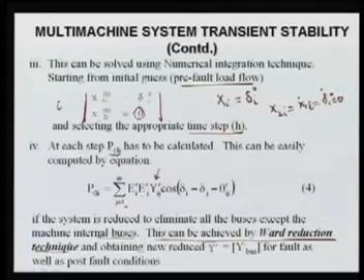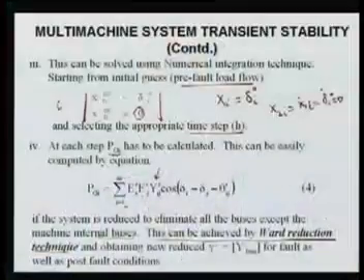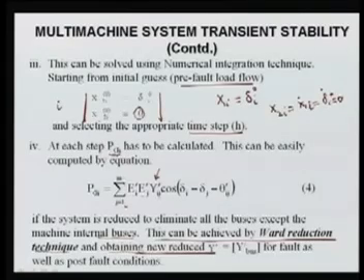We keep only the internal buses or generating units, eliminate the remaining buses, and obtain the new reduced Y prime bus, whose element is Yij. We have to get it for the pre-fault, during-fault, and post-fault conditions.